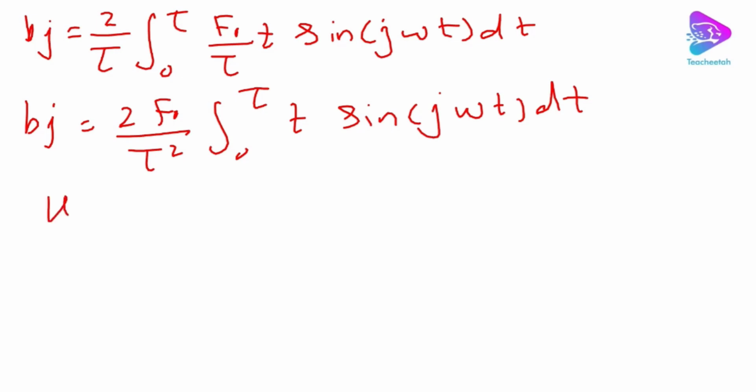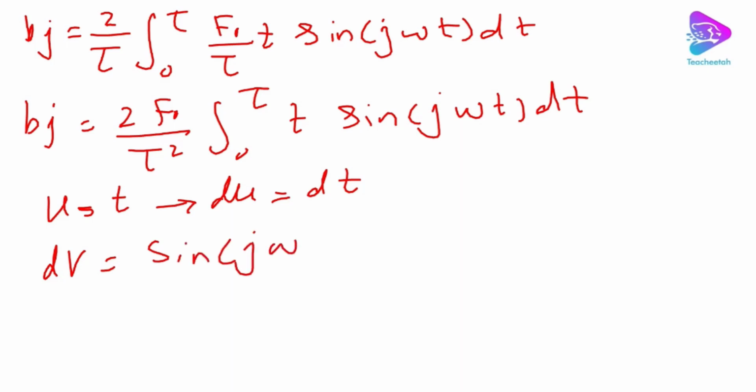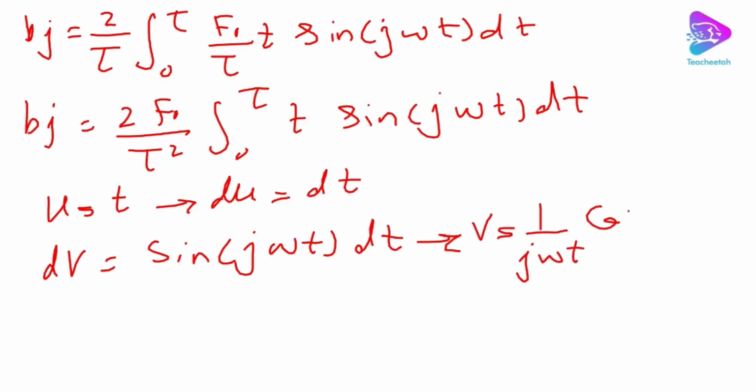So we have u as t and du equal to dt. Again, integration by parts, and we have dv equal to sine j omega t dt. So v is minus 1 over j omega cos j omega t. So this is dv, and we can use integration by parts simply as I showed before. I want to do that here because you will see that bj is not 0 here.